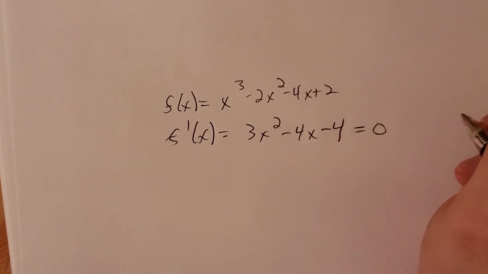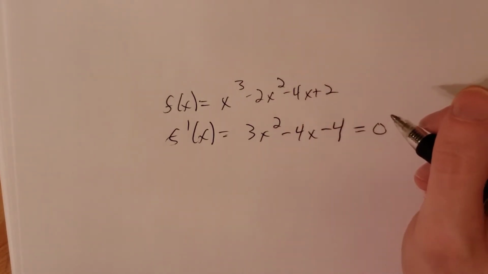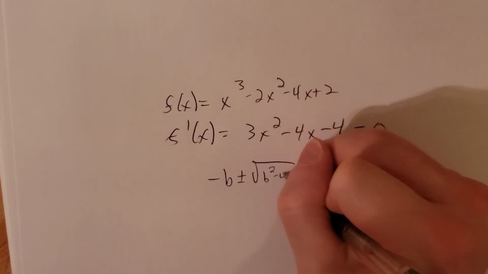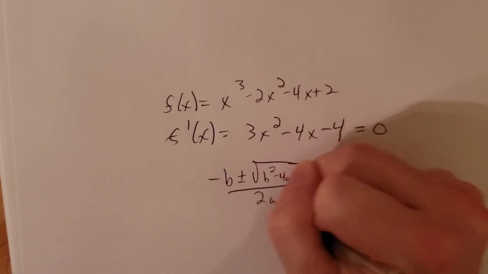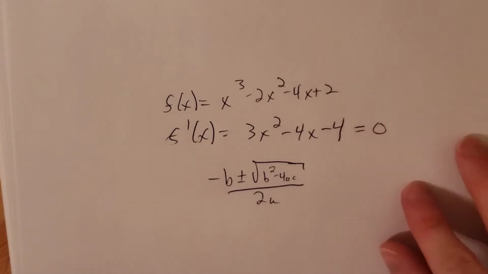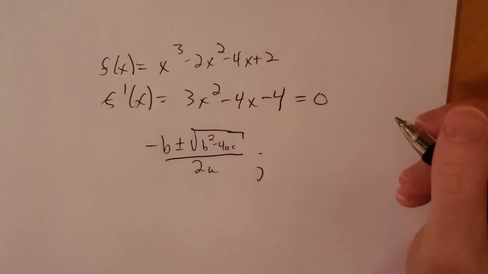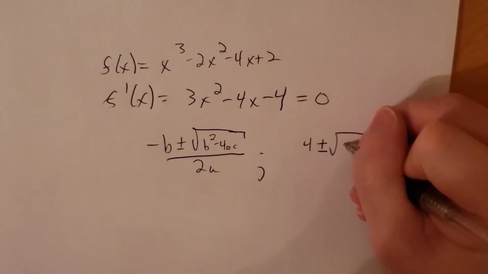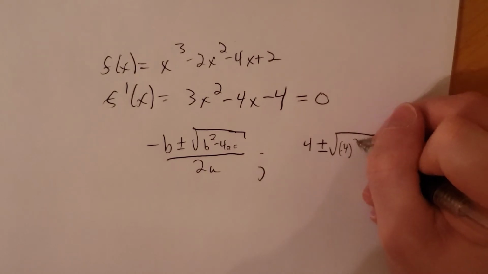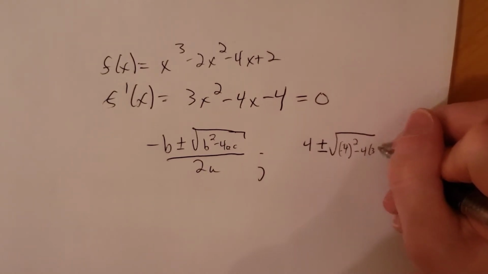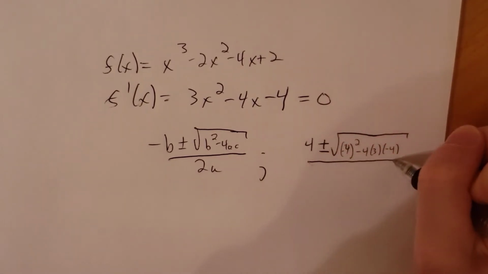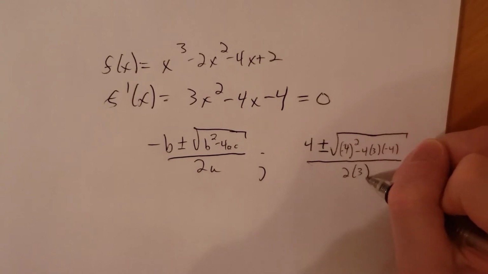All right, so you can attempt to factor this, or we can plug this into the quadratic formula, which is negative b plus or minus the square root of b squared minus 4ac all over 2a. So if we go ahead and plug all of this in, we get positive 4 plus or minus the square root of negative 4 squared minus 4 times a times c all over 2 times a.